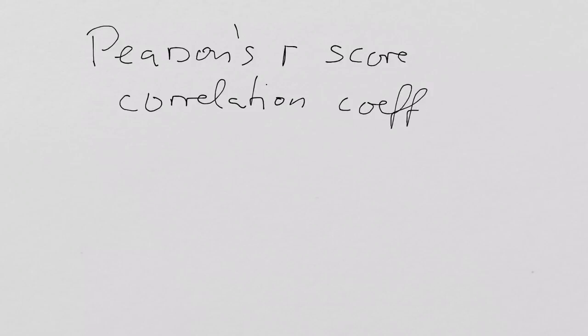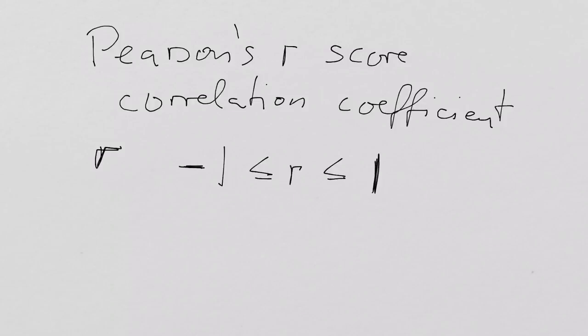And it usually is abbreviated with an R, at least for our users. And this R can assume any value between -1 and +1. So anything in between.